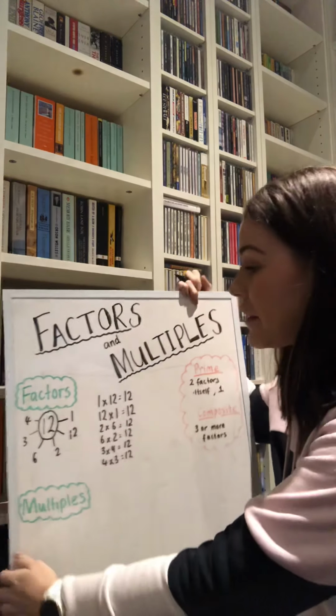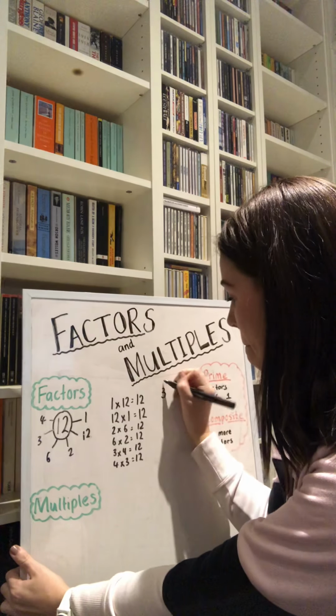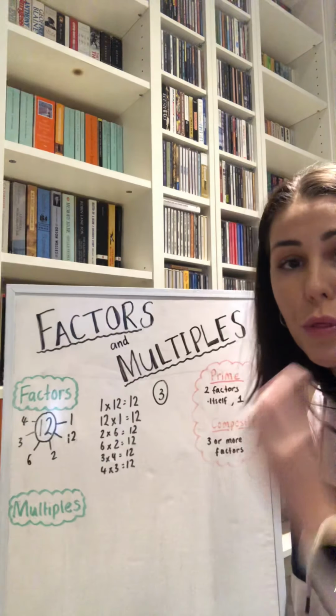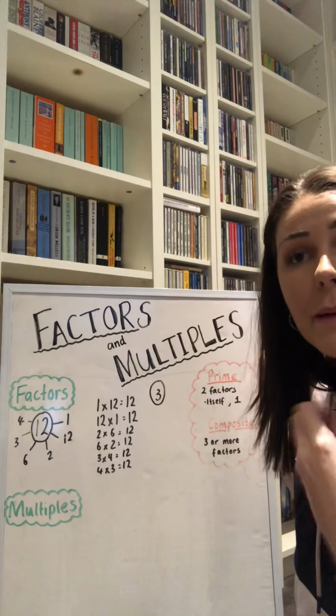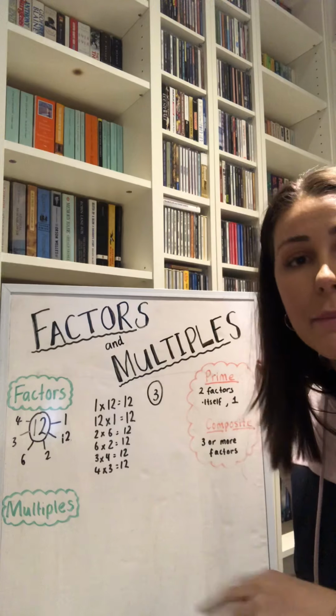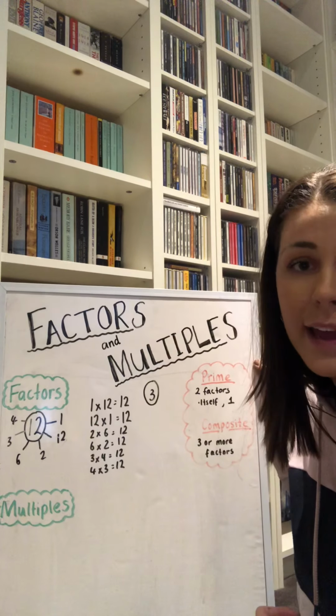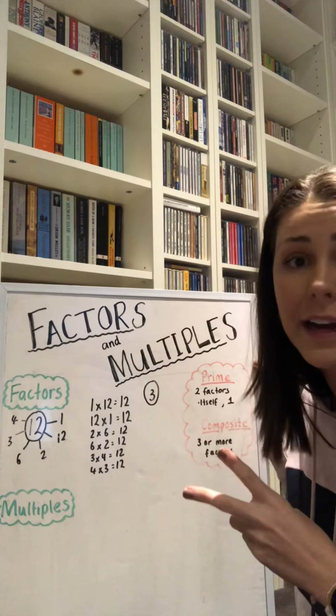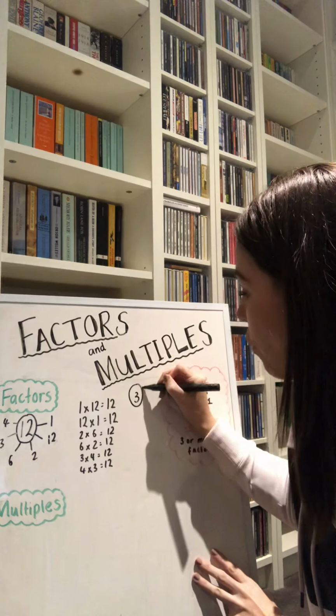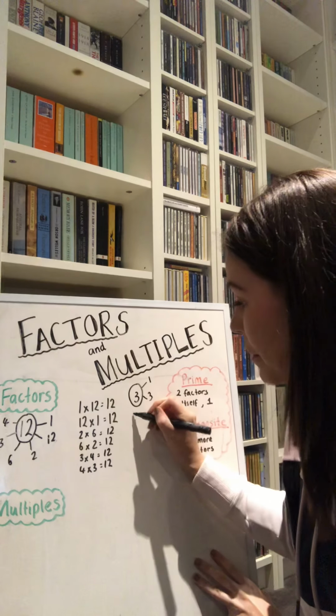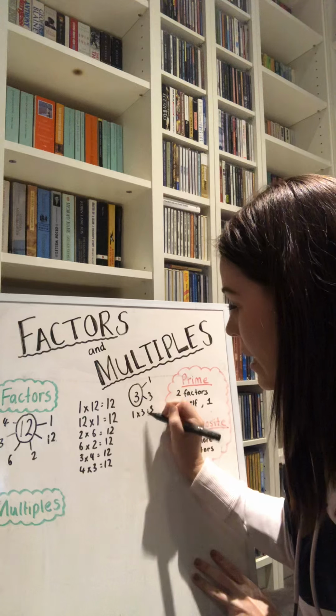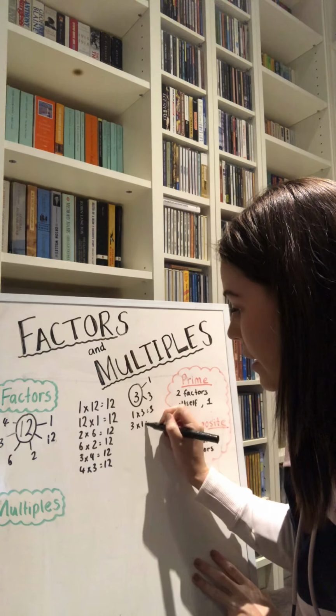For example, think about the number 3. Think about your times tables, which numbers can be times together to give you 3? I can only think of 2 factors. I can think of 1 and I can think of 3, because 1 times 3 equals 3, and 3 times 1 equals 3.